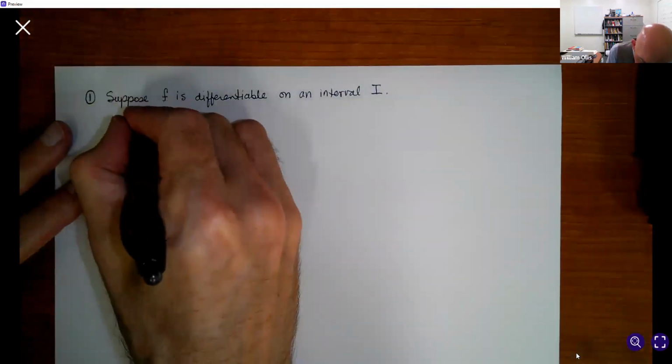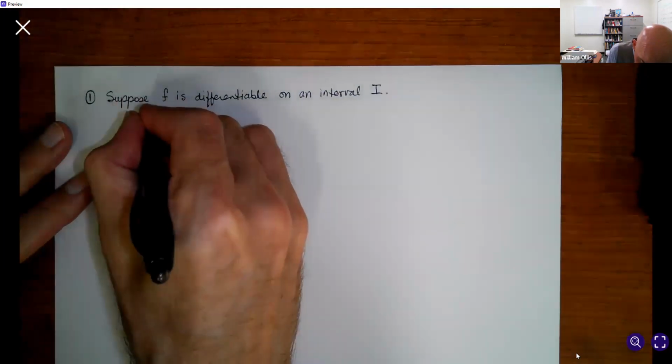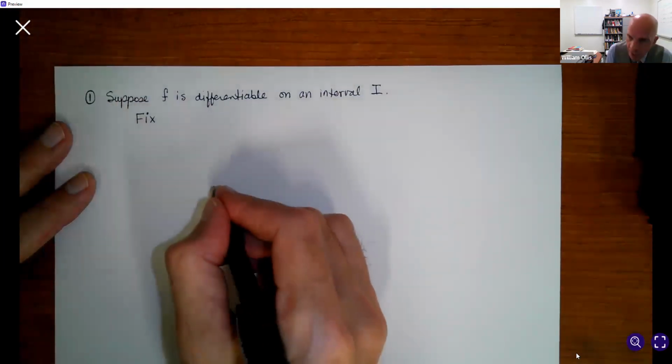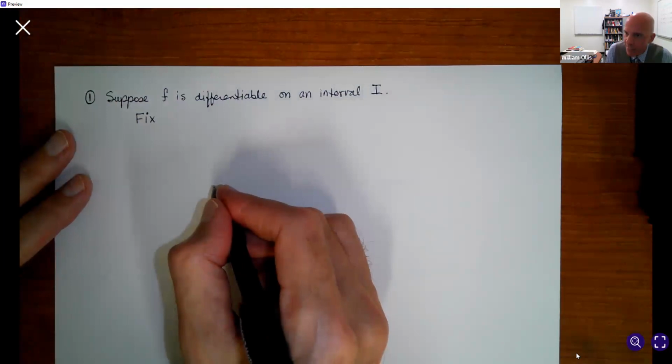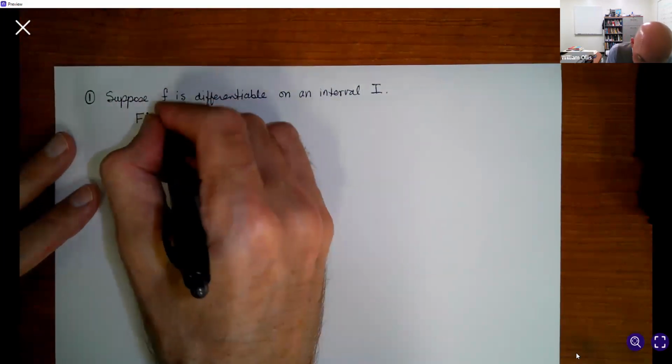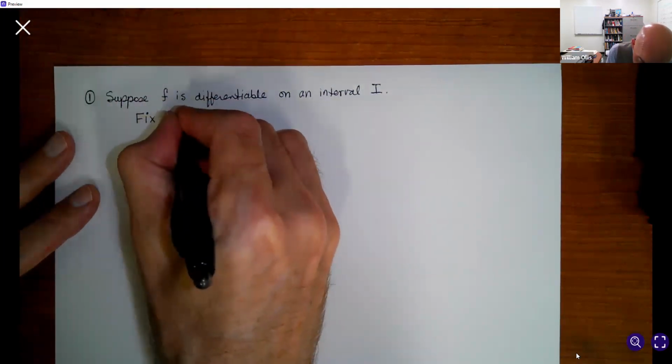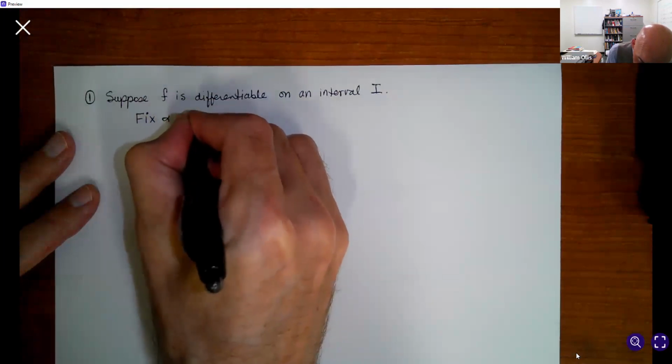And we will fix a number besides C, since that's part of the derivative. We'll just say fix alpha an element of R.